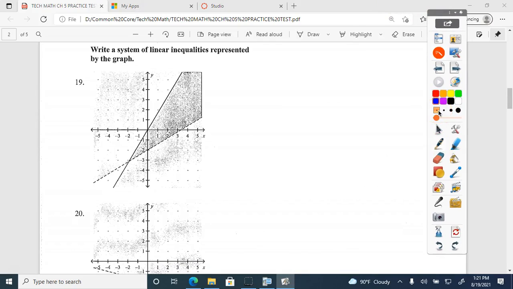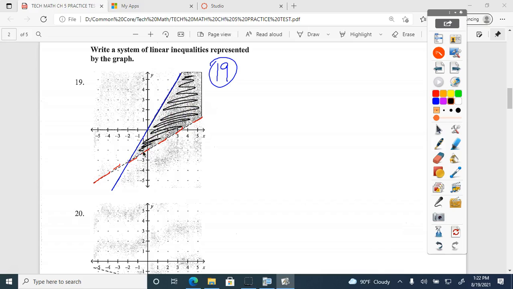All right. So 19. We're gonna do this one right here. We'll let that one be the blue one, and we'll let this one be red. If you can't see it, this is where it's shaded the most right there. Everybody see that?